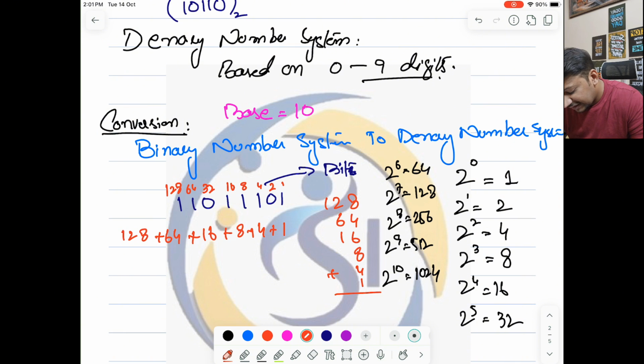So now we're going to add only those numbers. 8 plus 4 becomes 12, 12 plus 6 is 18, 18 plus 8 becomes 26, 30, 31.